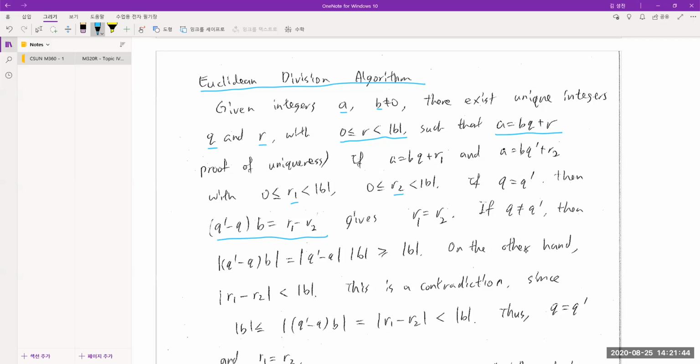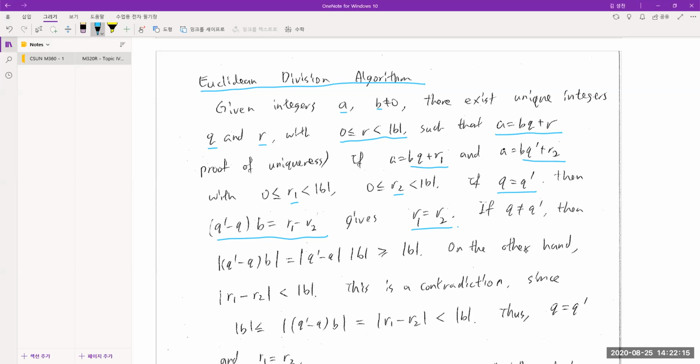By setting bq plus r1 equals bq prime plus r2 and rearranging the terms, we obtain this identity. If q and q prime are the same, then r1 and r2 are the same, since the left side of the equality is 0. So that gives us the uniqueness statement for the case of q equals q prime.